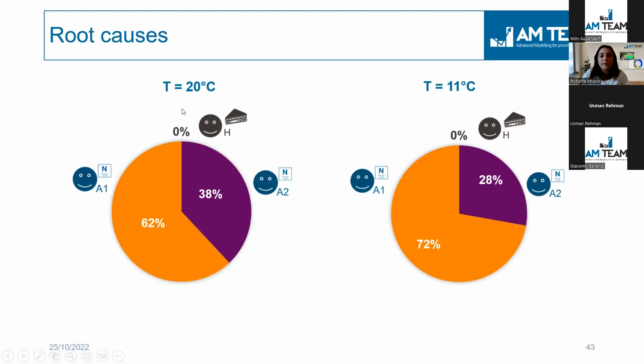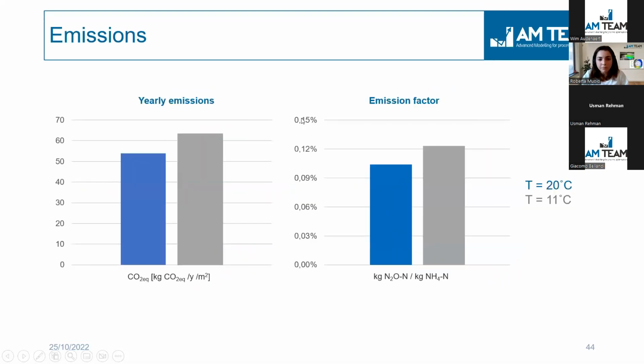And the reason is that they consume what they are producing, and they are even consuming more than they are producing. So if we quantify the emission, we can see that in the end, at lower temperature, so at 11 degrees, the yearly emission and also the emission factor increase.